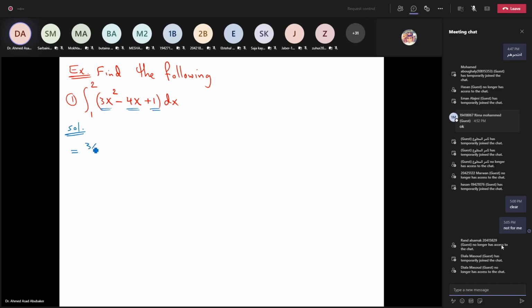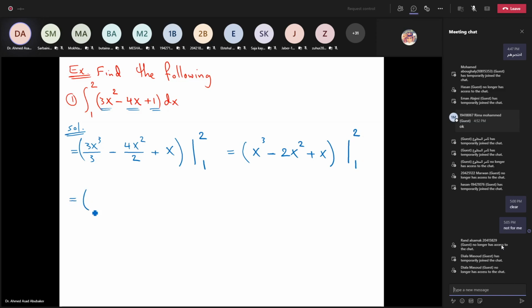So we have 3x to the power 3 over 3 minus 4x squared over 2 plus x. Firstly find the integration, after that simplify. Remove 3 with 3, so we have x to the power 3, 4 over 2 equals 2x squared, and plus x.